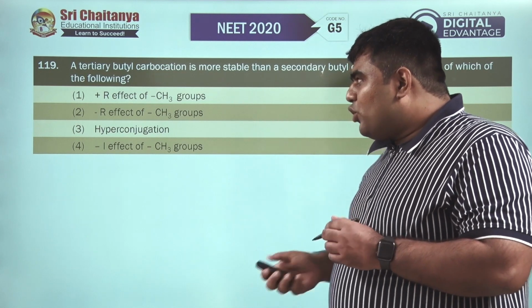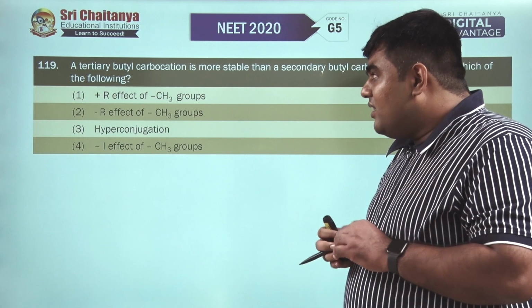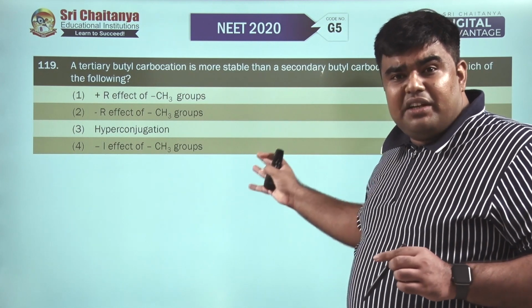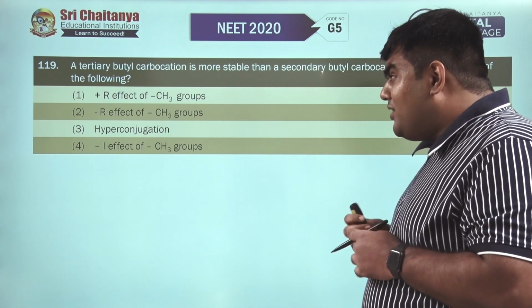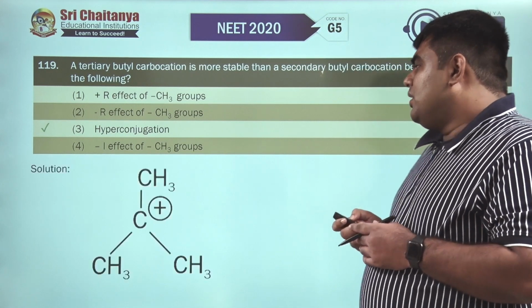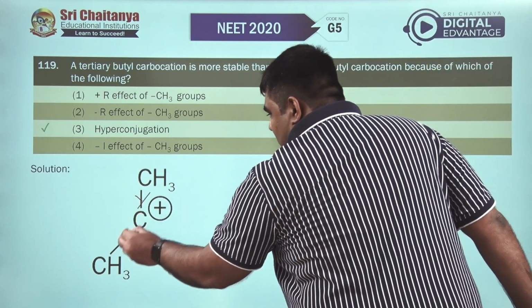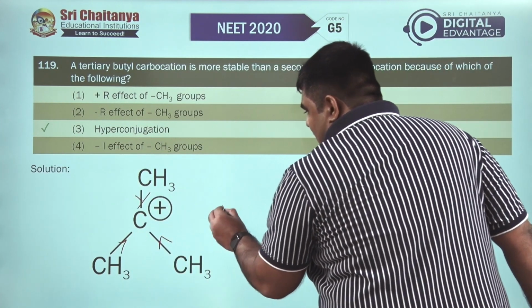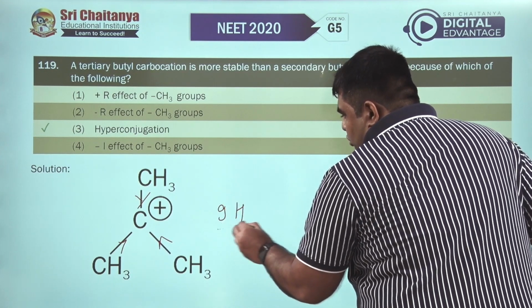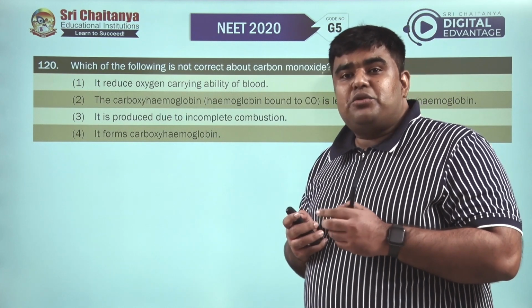Looking at all the 4 options, it is only hyperconjugation which can satisfy the stability, because plus I is not given in the options. So for question number 119, the third option is the correct option. This carbocation is stabilized by 3 plus I and 9 hyperconjugation.